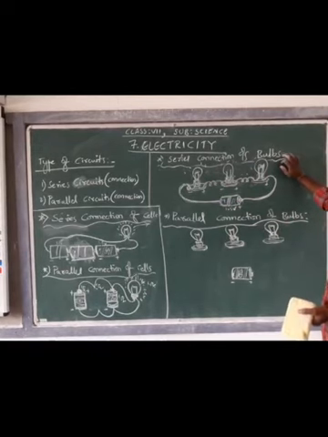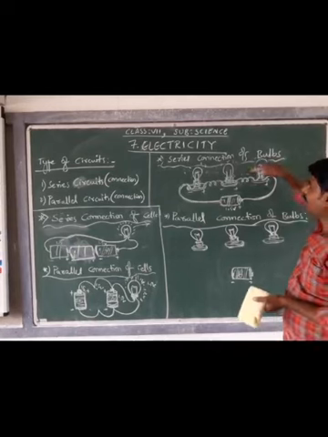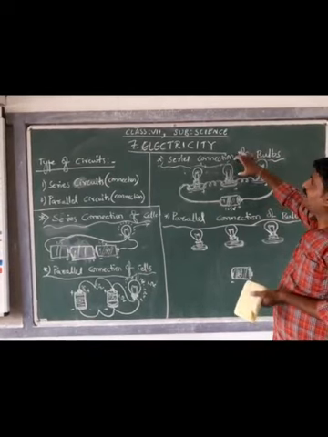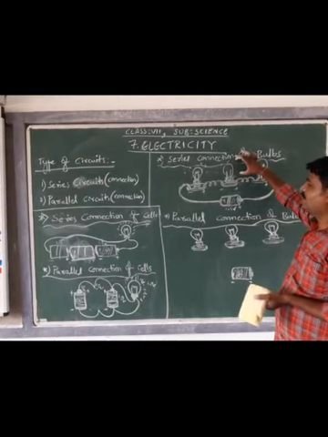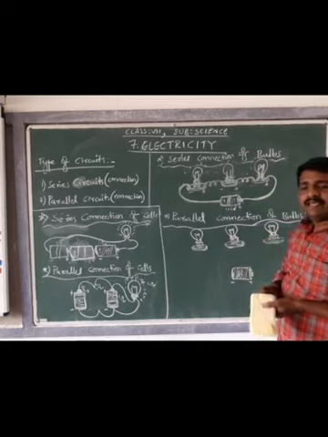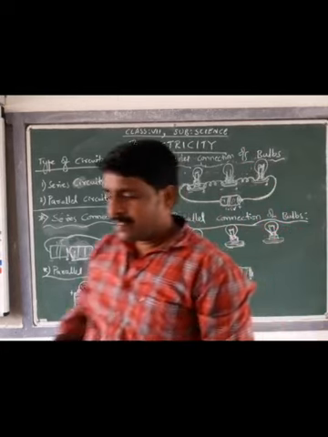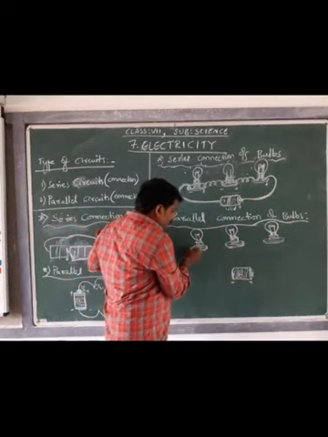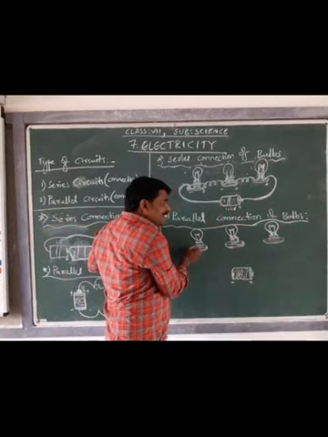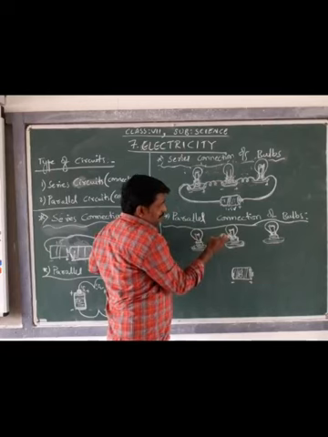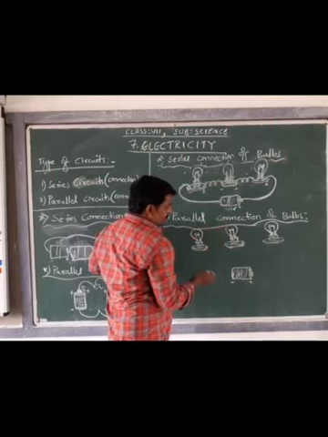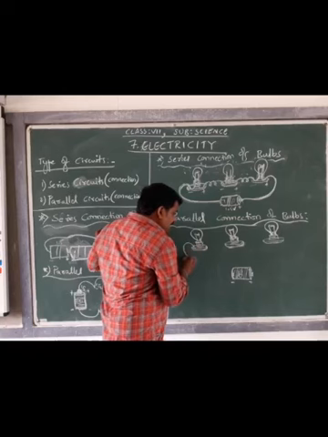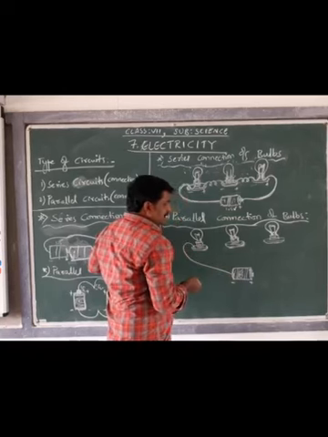In order to overcome this drawback of series connection, the alternate way is parallel connection. What does it mean? In a parallel circuit of the bulbs, there is an individual path for each and every device.